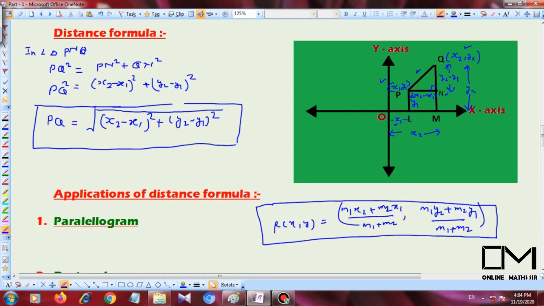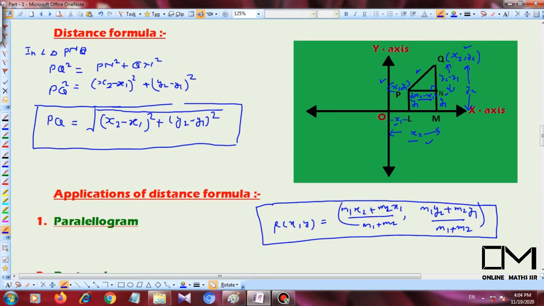The distance from the origin to M is x2. So the LM distance will be x2 minus x1, and the QN distance will be y2 minus y1, because the whole distance is y2 and this distance is y1.